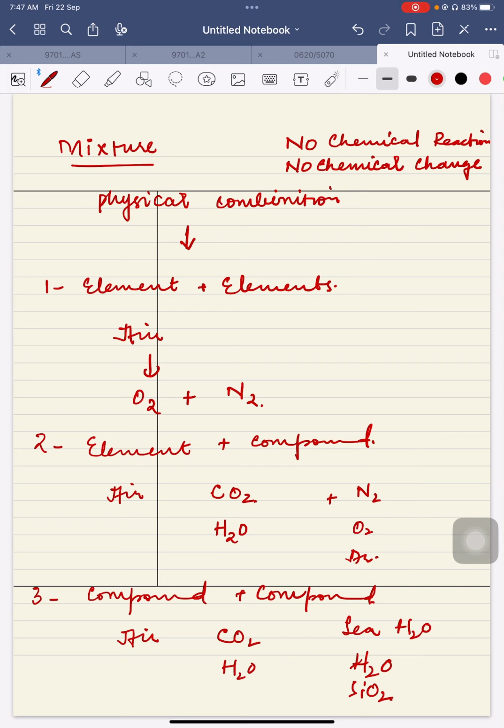It is the formula for sand. Sand is part of seawater. Along with these, there is a major component called NaCl. There are different other dissolved salts as well, but we can mention NaCl. The taste of seawater is salty. Many of you have experienced that, and that tells you that all these are part of the sea. So we can say compounds and compounds can be mixed with each other in the case of sea water.